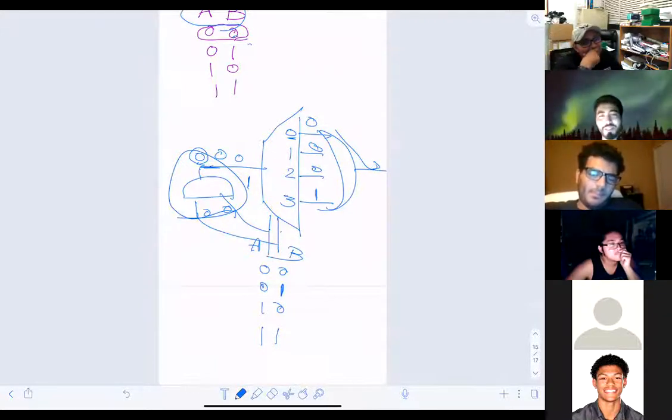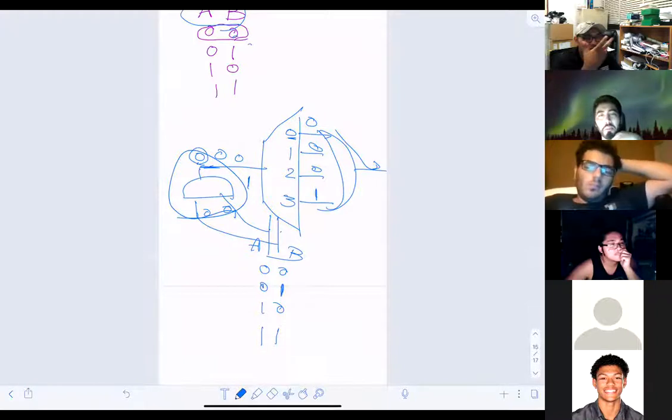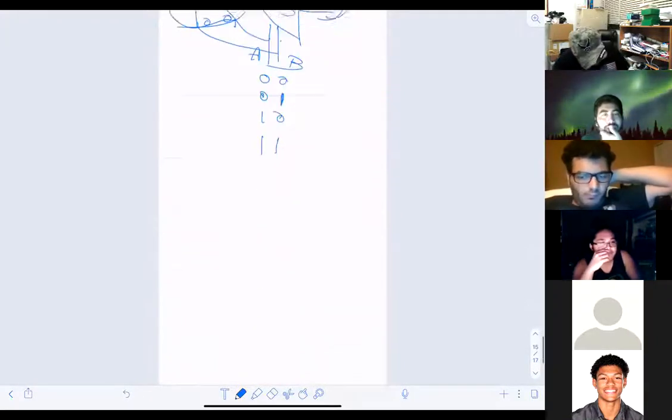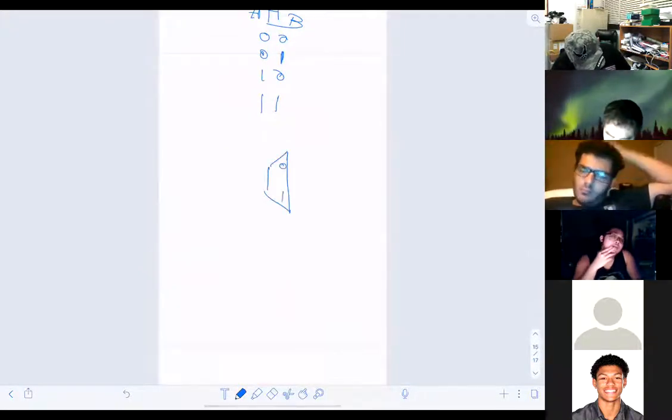Oh, I see now. Makes sense. Okay, let's build it. That's pretty fun. Anyway, look, you can have here a multiplexer like this, 0, 1.